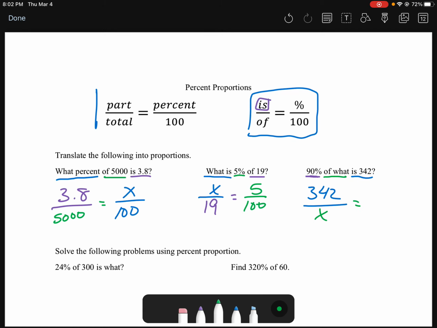That equals my percent, 90 over 100. Again, I could look at their cross multiples and solve for x. Once you have mastered setting these up, it's pretty easy from here on out.